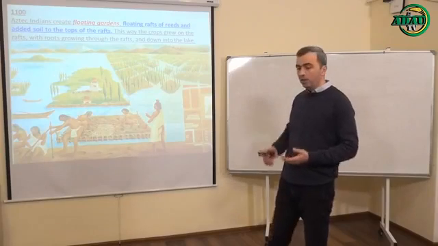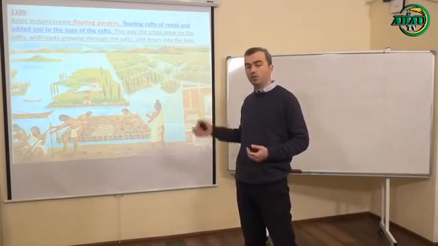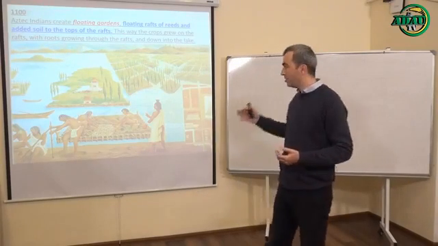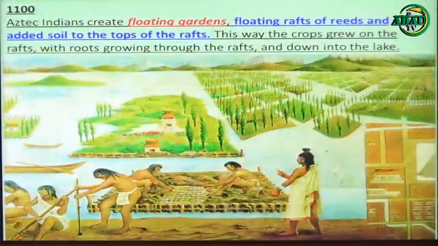Later on, in our century, the Aztecs started to use the practice of floating rafts. But the major difference was that the Aztecs still filled those rafts with soil and placed plants into that soil, while growing roots passed through the soil layer and reached the water.